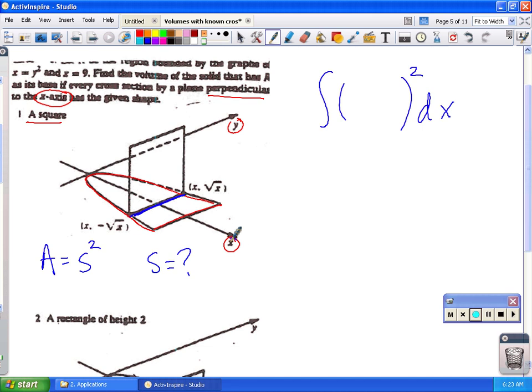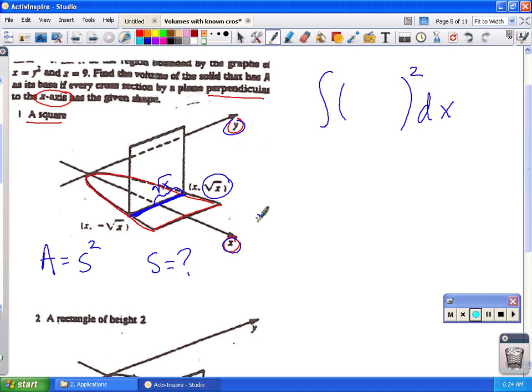All right, let's take a look. Here's my x-axis and here's my y-axis. What I'm trying to figure out is the length of this side of the square, but I'm trying to find it in terms of the parabola. Well, obviously from the x-axis, from here to here, that distance is the square root of x.